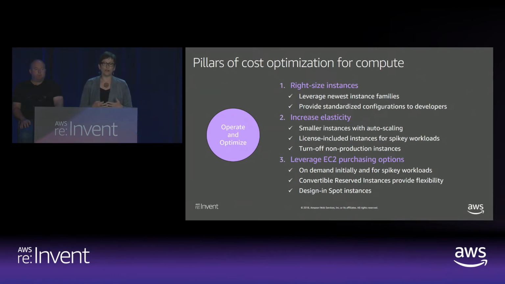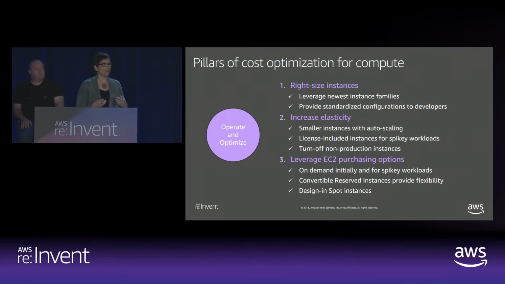The third pillar is to leverage all of the different EC2 purchasing options. We find that most customers, when they start their migration to AWS, generally plan that for the first year or more, they're going to be using on-demand. And even down the road, they'll continue to use our on-demand purchasing option for their spiky workloads.